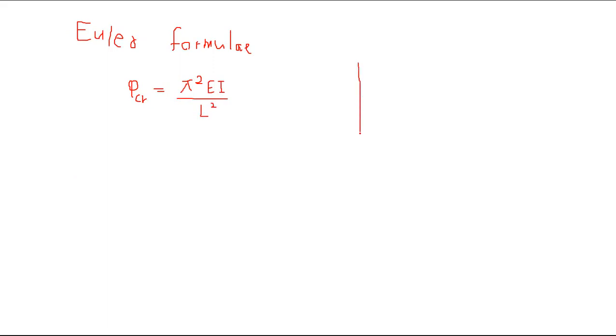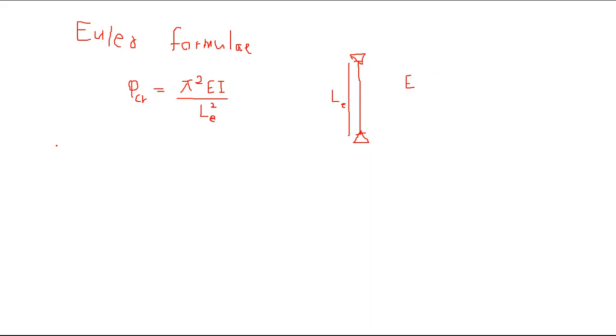This is for both pin ended. E is the Young's modulus, I is the second moment of inertia, pi is 3.14, L is the effective length. I'll tell you what the effective length actually is, LE.